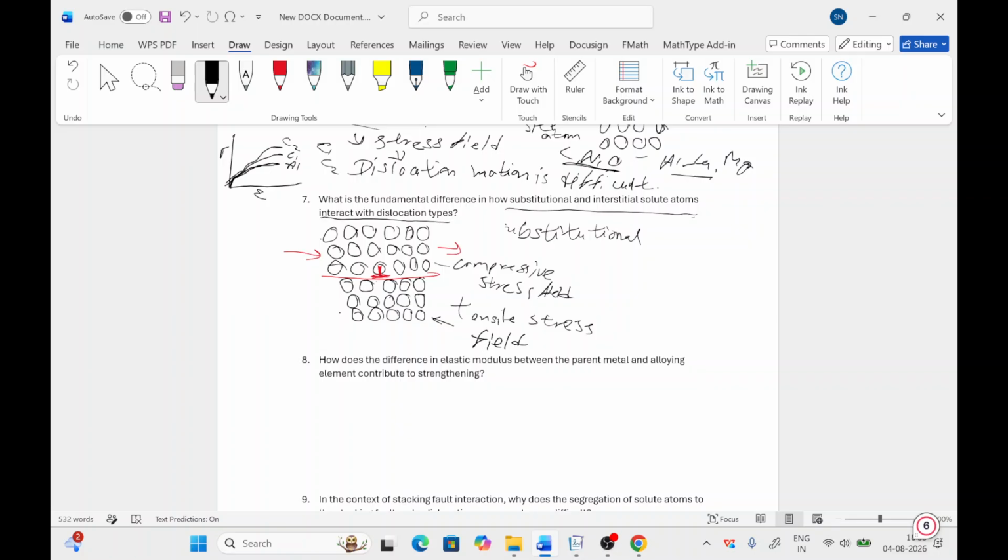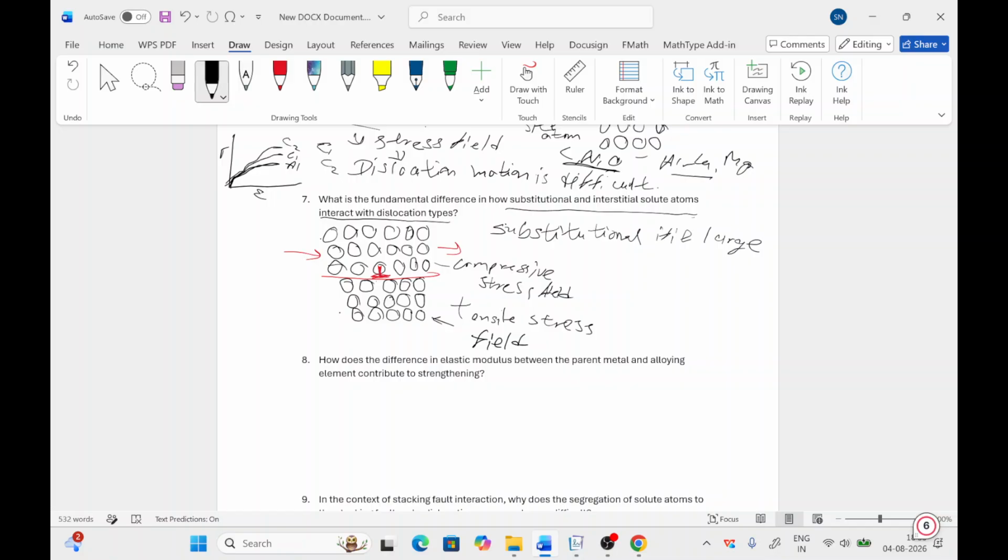Now if the substitutional atom is large, where will it go? In the above plane the atoms are already squeezed, so it will be very difficult to fit a large substitutional atom here, because it will create an imbalance between these two fields.